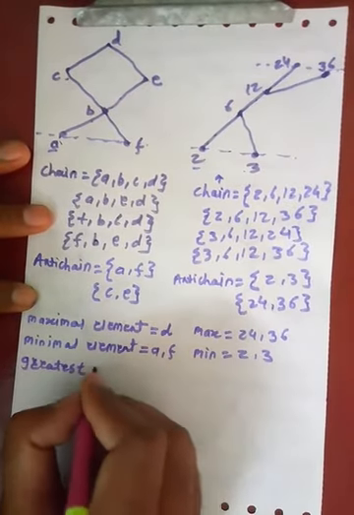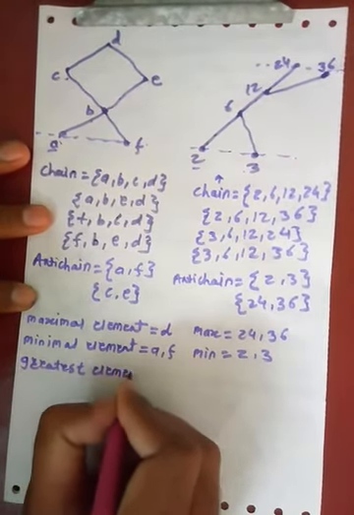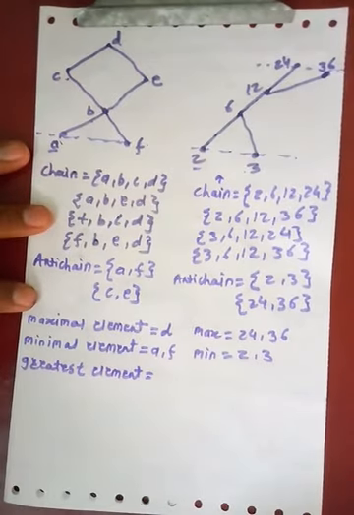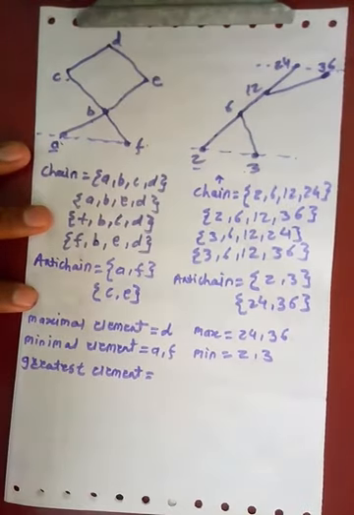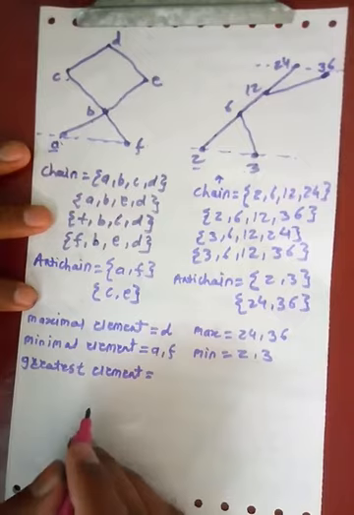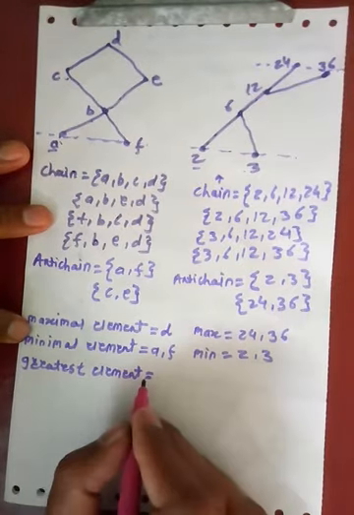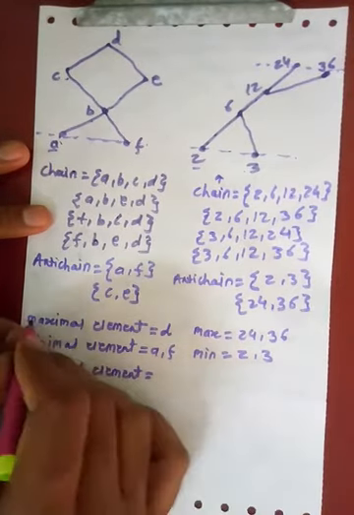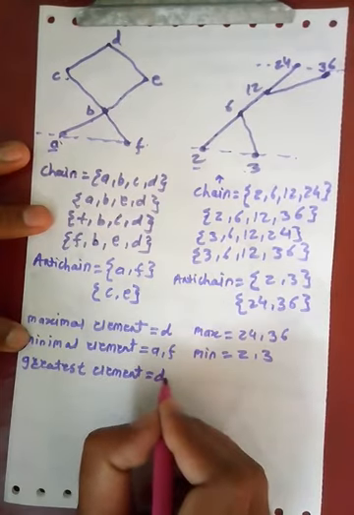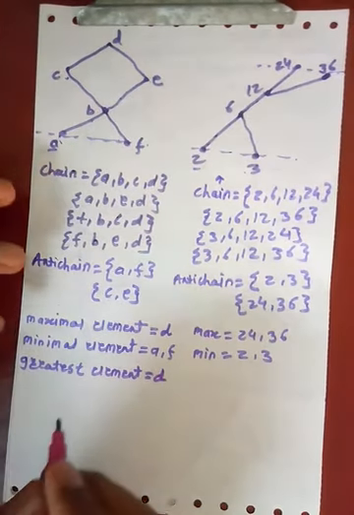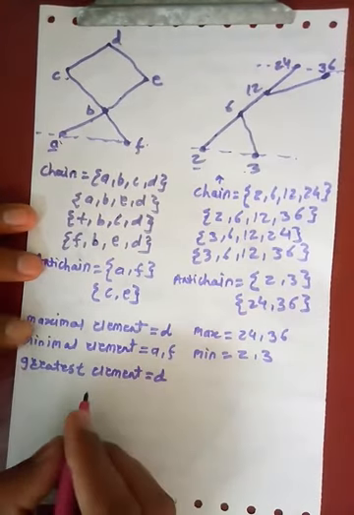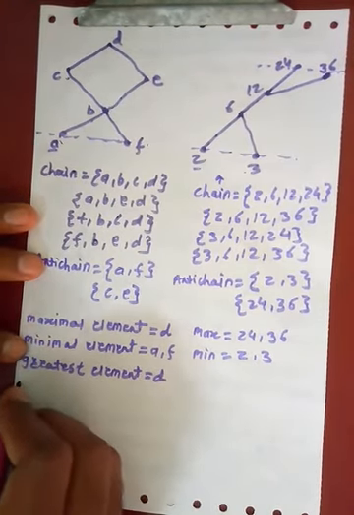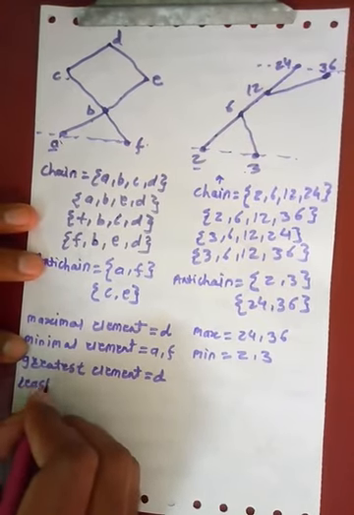Then next is the greatest element, right? The greatest element is only one element. If there is only one element which is at the highest or top level, then it is the greatest element, right? So D is the only element at the top level, so it is the greatest element. And the next one is the least element.